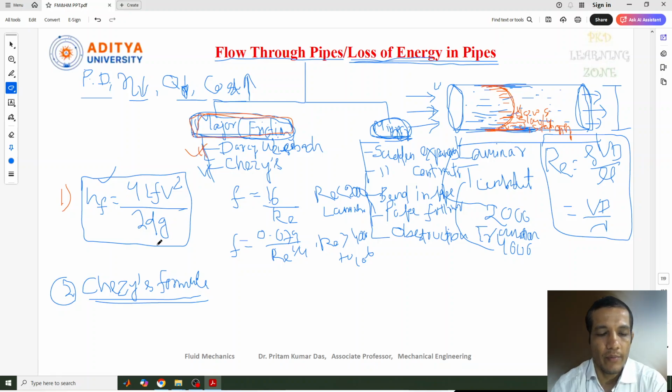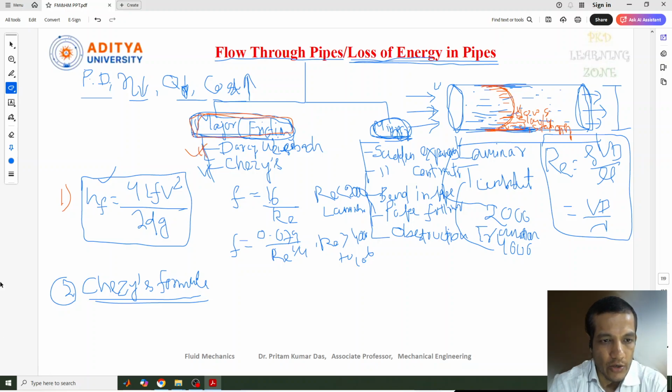If you remember that equation, or if you have not seen it, watch that video so that you can understand how we got the head loss equal to 4fLV square by 2dg. Before getting this value of hf equal to 4fLV square by 2dg, we got another hf expression. That equation was there actually.